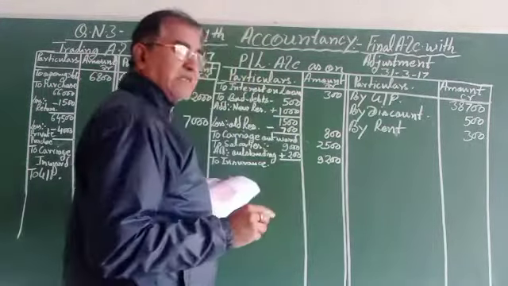And then after advertising, to advertising, that is given indirect expenses 3,500.